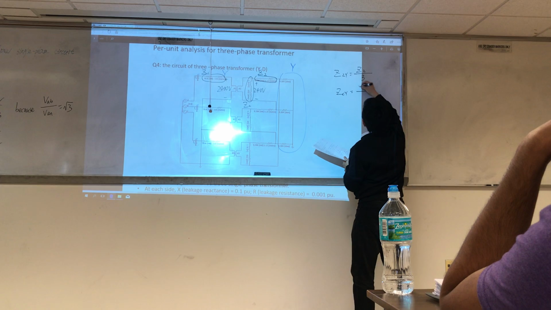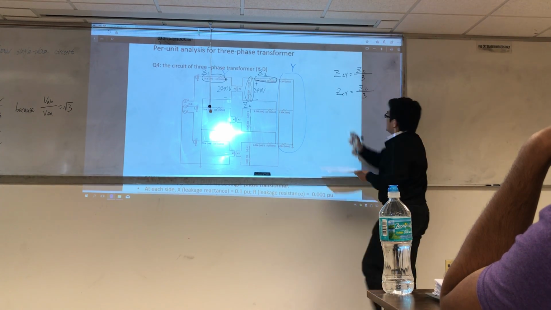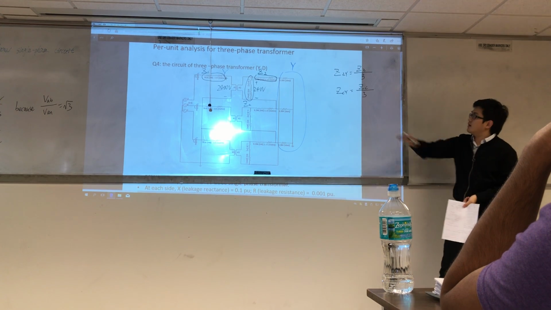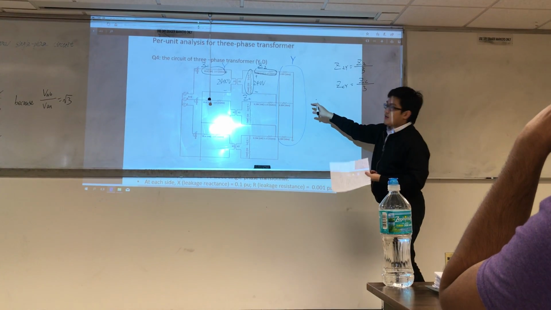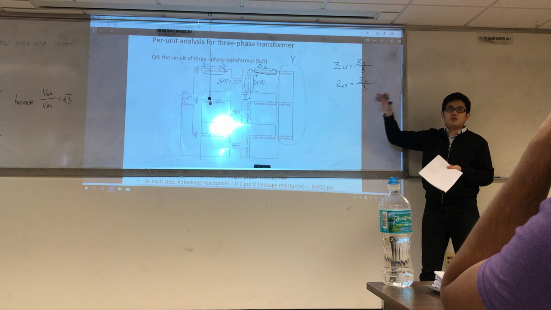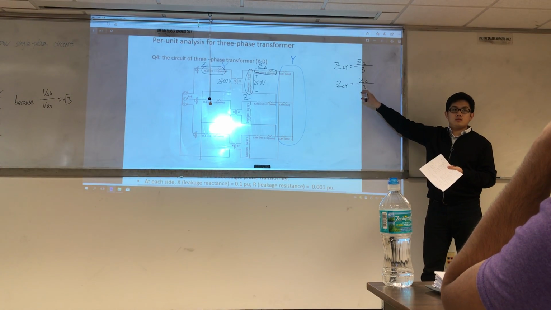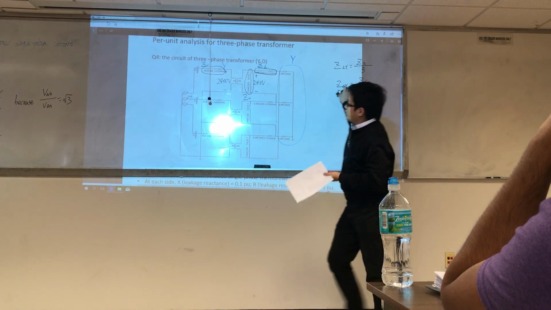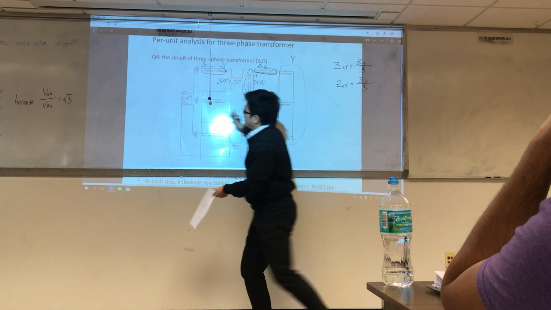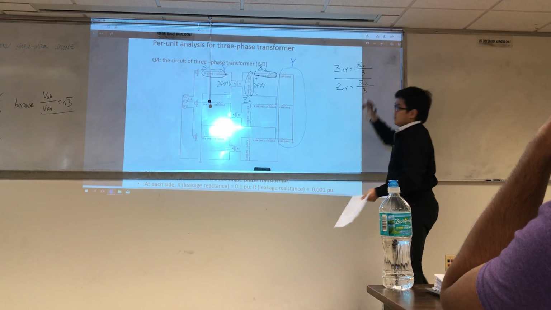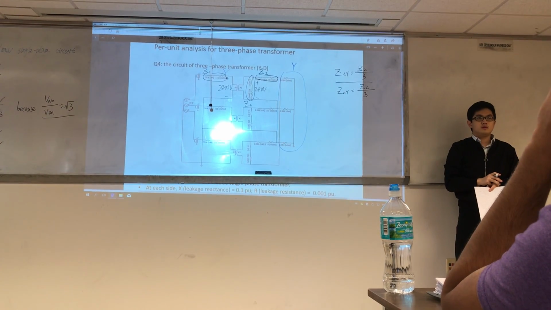ZCY equals ZC divided by 3. Right? When you convert the delta connection to Y connection, your impedance will be divided by 3. Right? This is two important equations. That one, this one, and this one. These are the two equations that are important.